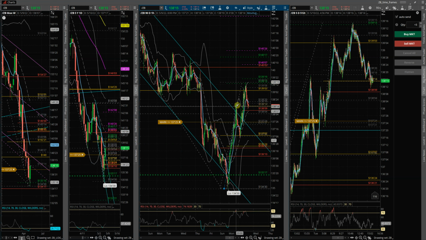If I just measure this, you could argue also that it's an ABC correction where the A wave, ZB does this, where it has really long A waves and then C waves that are 618 of the A waves. So this could be a correction, like I said, that will trade a 3rd wave this week that could get pretty nasty. Those are the two scenarios, one bearish, one bullish.